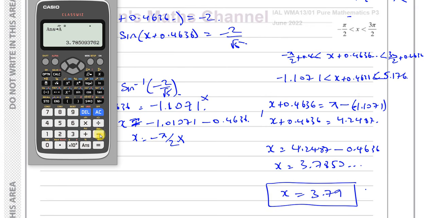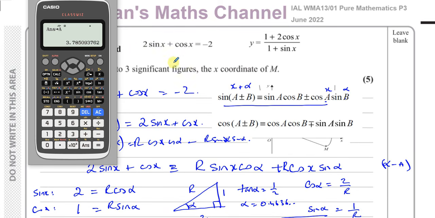And the other answer we got was negative pi over 2, which doesn't solve our equation. Well, it solves our equation, but it's not a valid value. So we can check to see even if that was true. If we put x as negative pi over 2, in this equation it should give us negative 2. So 2 sine of negative pi over 2, close the bracket, plus cosine of negative pi over 2, and again close the bracket.